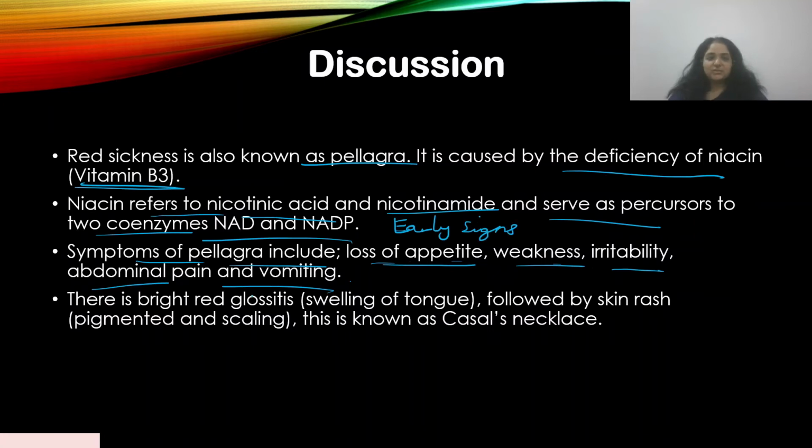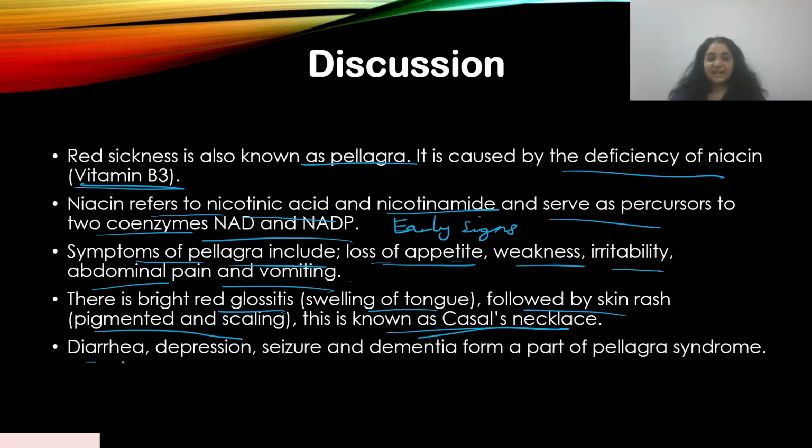Then there is also bright red glossitis, that's swelling of the tongue. It is followed by a skin rash that's pigmented and scaling, and this is known as Castle's necklace. It forms around the neck, so there's a term given to it called Castle's necklace. The skin rash forms around this region over here, which is pigmented and scaly. There's diarrhea, depression, seizure, and dementia. They form a part of the pellagra syndrome.